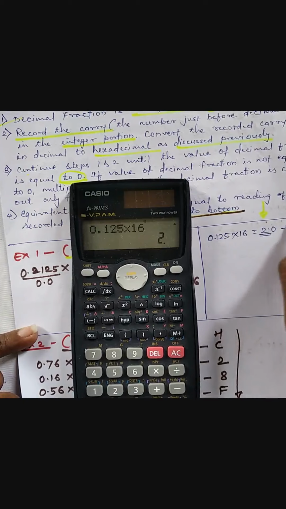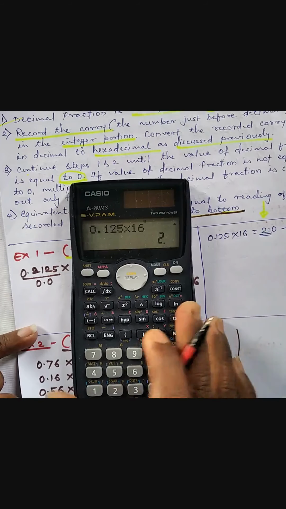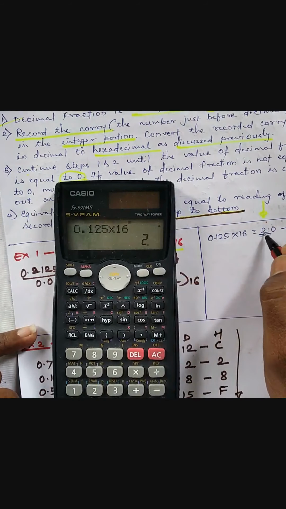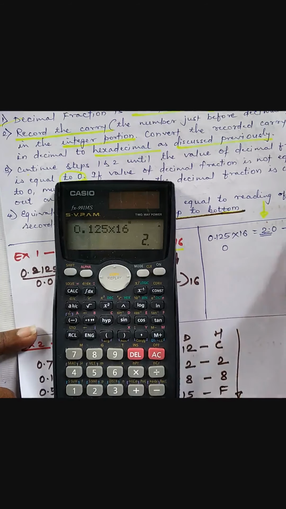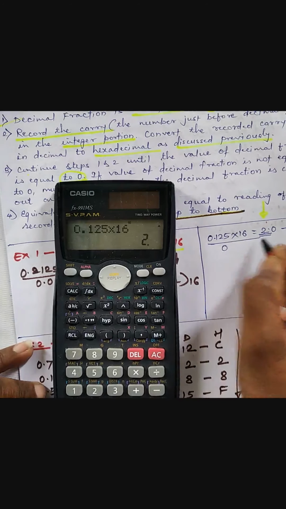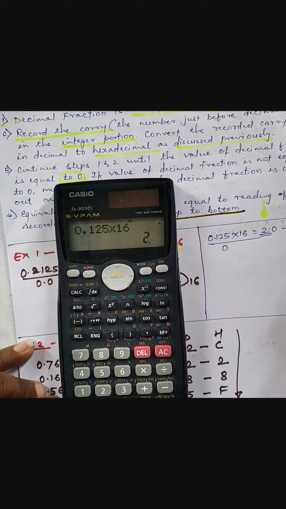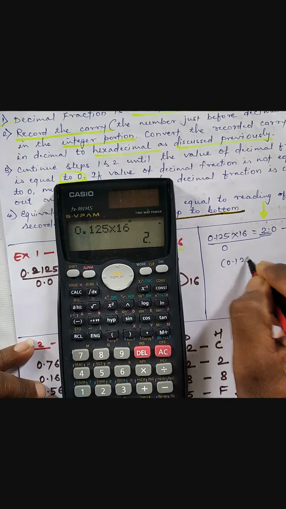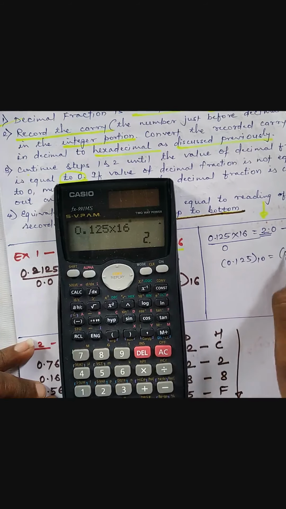Now this 2 is in decimal and we are supposed to take it in hexadecimal, which is 2 itself. Now if I take 2 from this 2.0, what I am left with is 0. So this is only a single step solution, right? So 0.125 in decimal has 0.2 in hexadecimal, right?